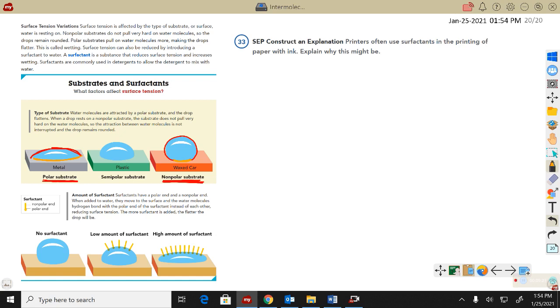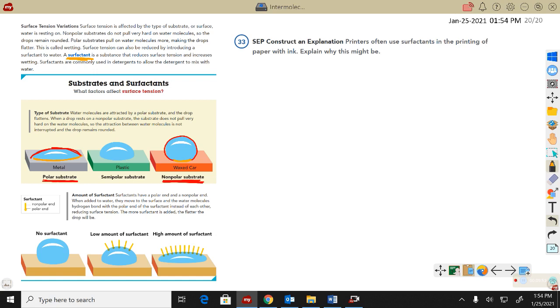So polar water molecules would not be attracted to non-polar molecules like oils and greases and fats. But yet somehow we need to use water to clean our greasy fingers or an oily pot. And so instead, soaps and detergents contain something called a surfactant.